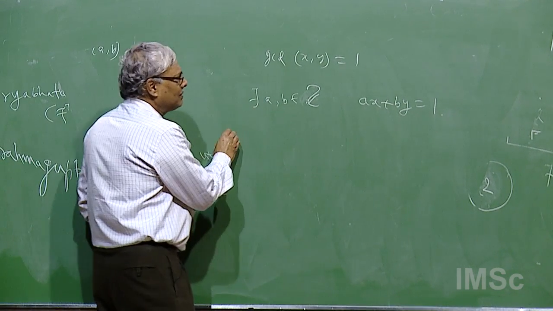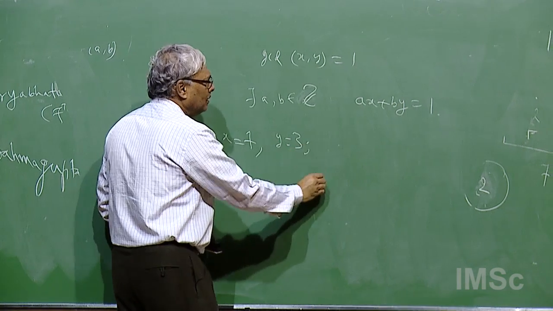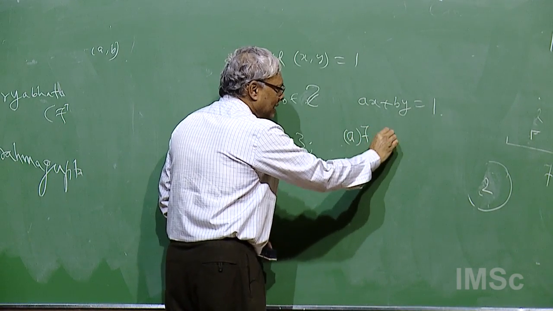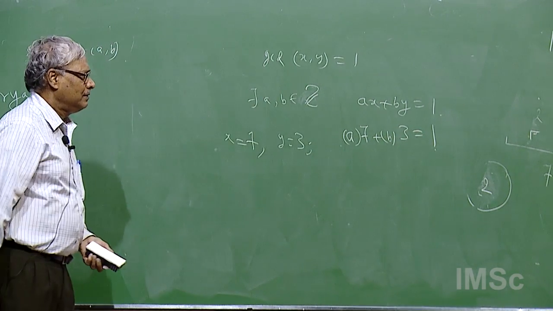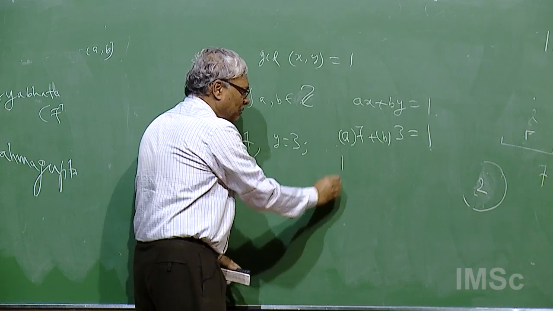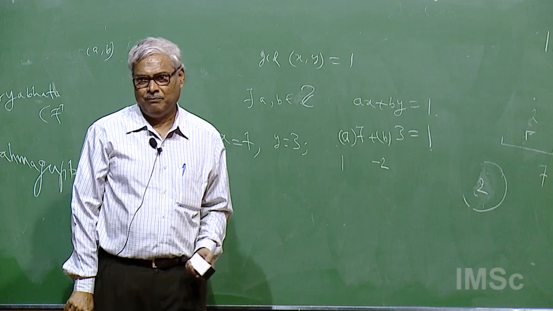For example, if x equals 7 and y equals 3, what are the values that we can get for a and b so that this combination is 1? You can easily guess that you can take a equal to 1 and b equal to minus 2, because 7 minus 6 is 1.